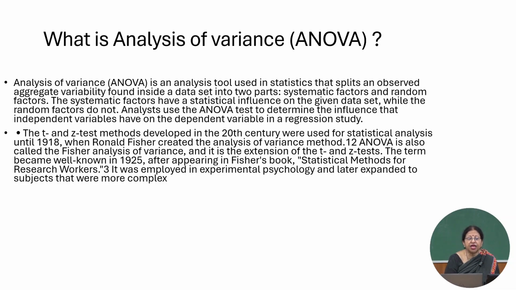The term became well known in 1925 after appearing in Fisher's book, Statistical Methods for Research Workers. It was employed in experimental psychology and later expanded to subjects that were more complex.